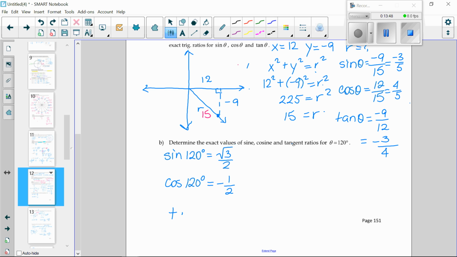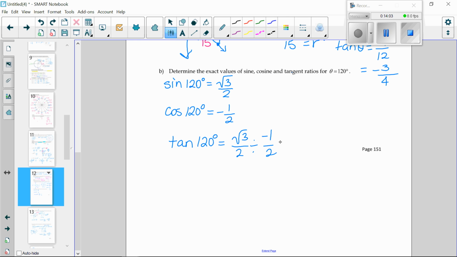And then for tan 120, it's going to be sine over cos, so √3 over 2 divided by -1 over 2, which gives me √3 over 2 times 2 over -1, which is going to give me -√3. So tan 120 is -√3.